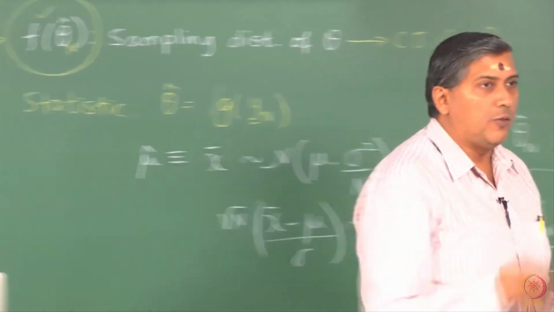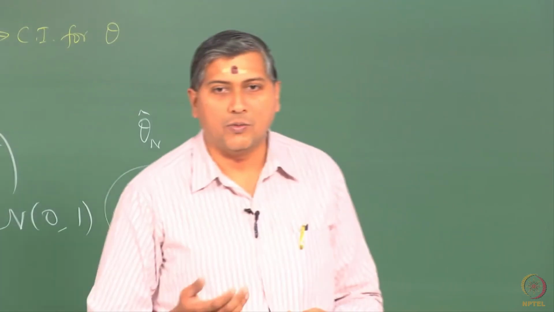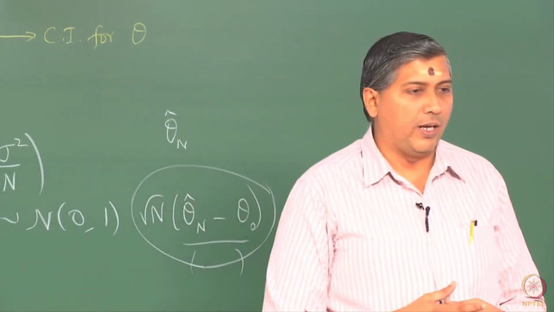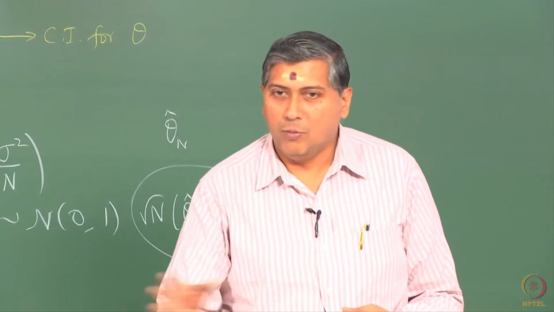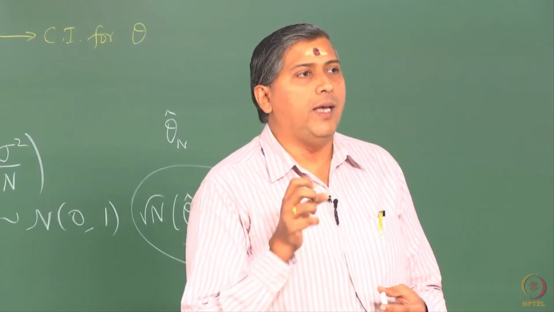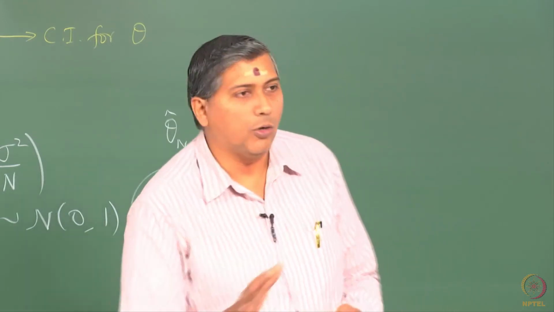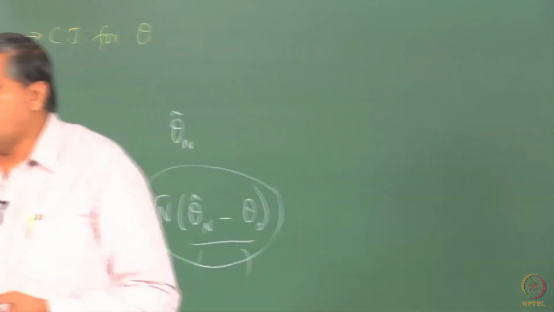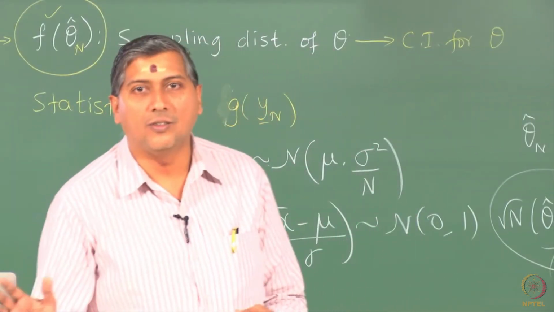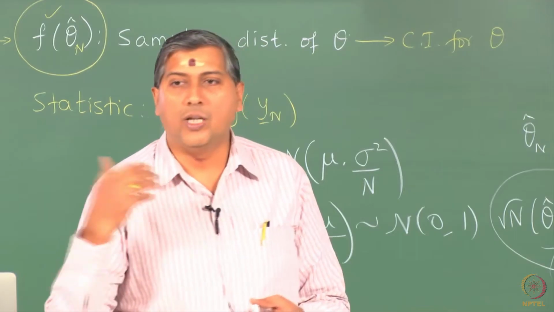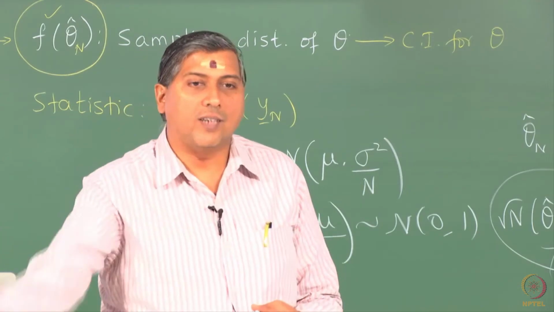Suppose you were to follow this procedure in practice, of course you will end up with that interval y bar plus or minus 1.96 times sigma by root n. That interval is a guess for your mu, and by saying that you are 95% confident, now comes the interpretation. What you are implying is, if I were to run, for example, 1000 simulations, if I had 1000 realizations of the data, each realization would give me y bar, and from each y bar I would construct one interval.